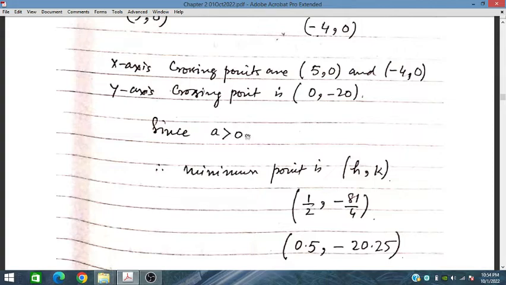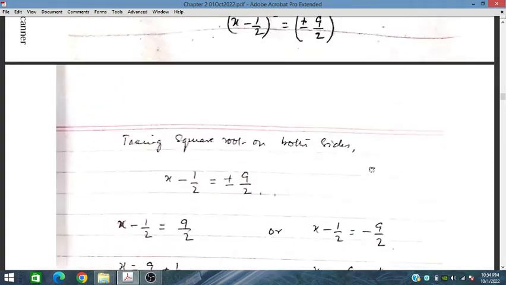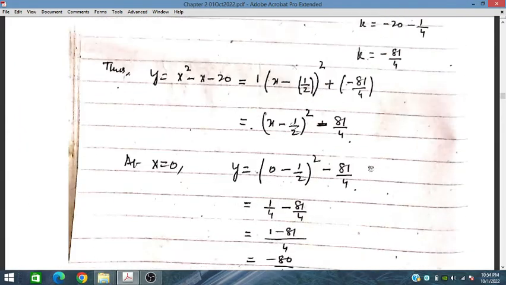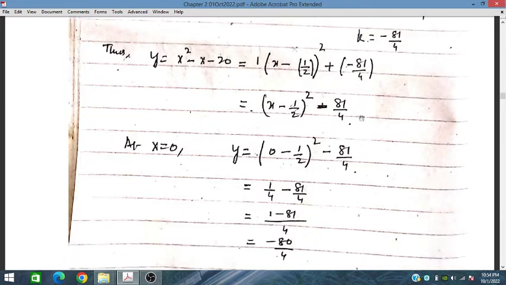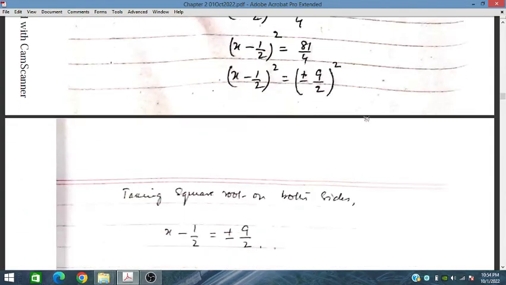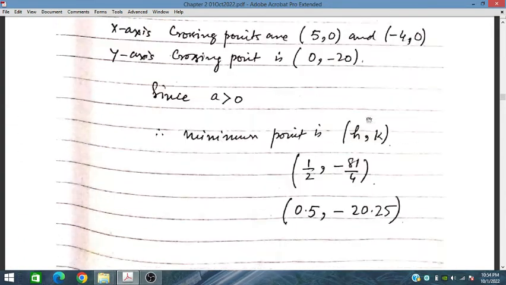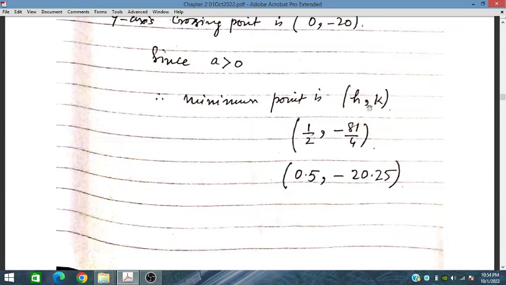Since a is greater than 0, the minimum point is (h, k) for this graph. This is h and this is k. So the minimum point is (h, k).